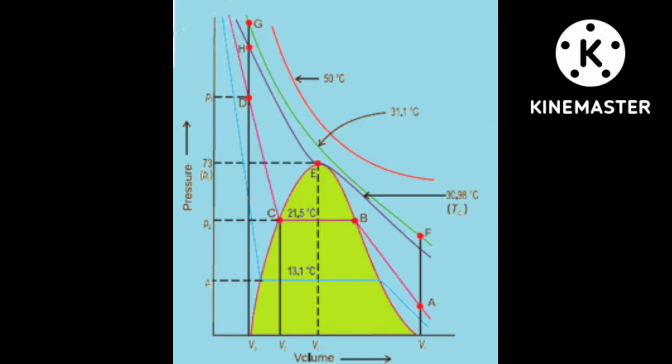Similarly, if you go further and apply more pressure and lower temperature, they will come even closer to each other. But that will require very high pressure and very low temperature. Then they will come very close and come under the range of solid.